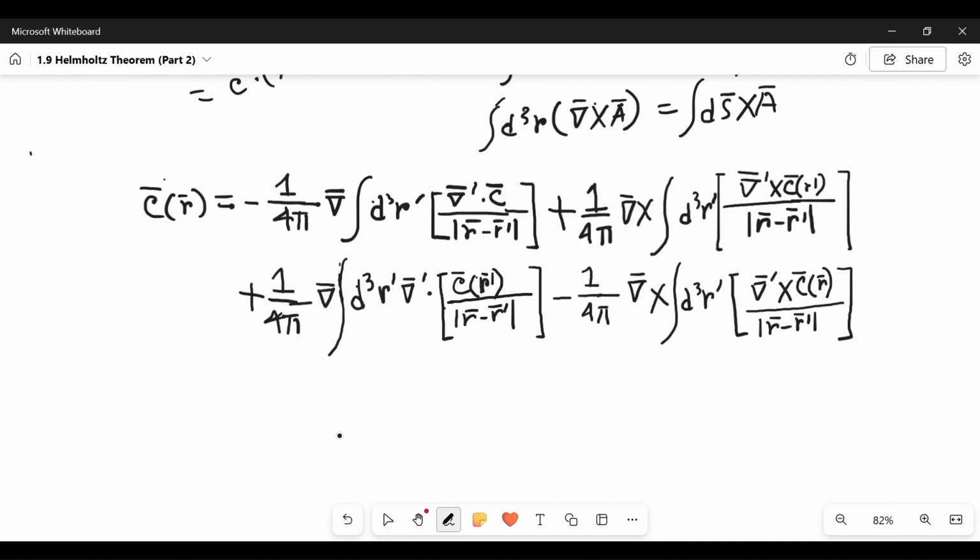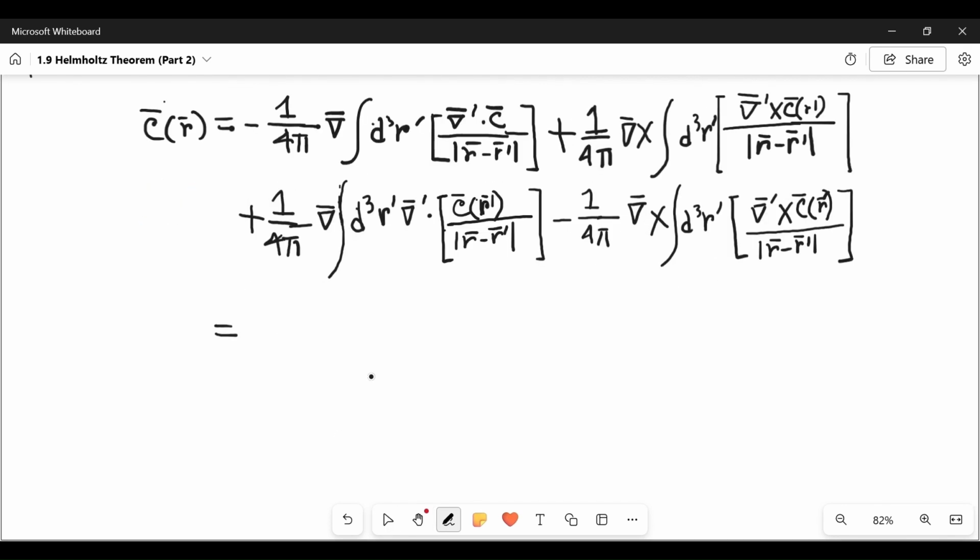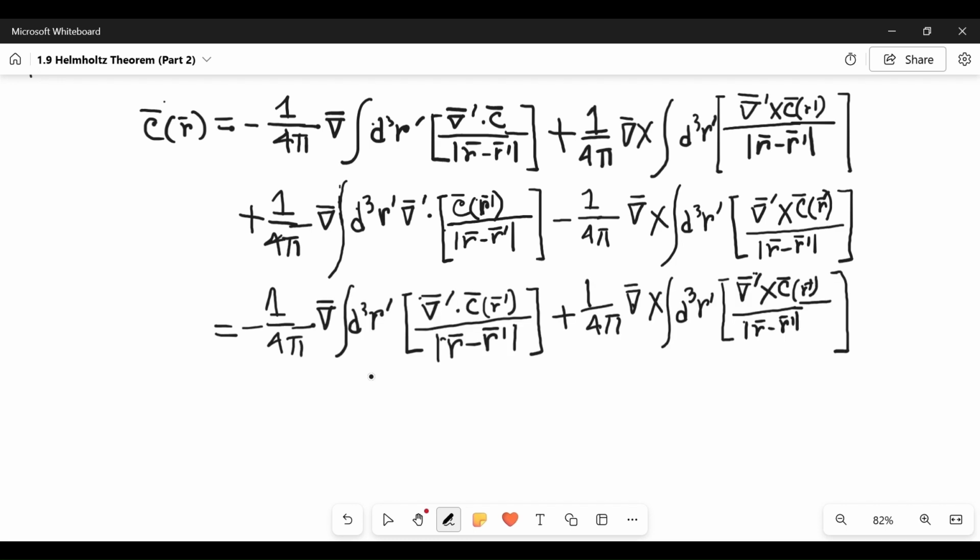Now the expression for C was... now the first two terms will be similar. In the third term, we can apply the divergence theorem.